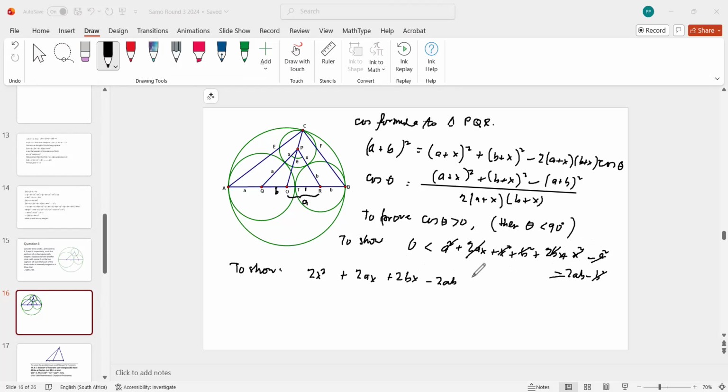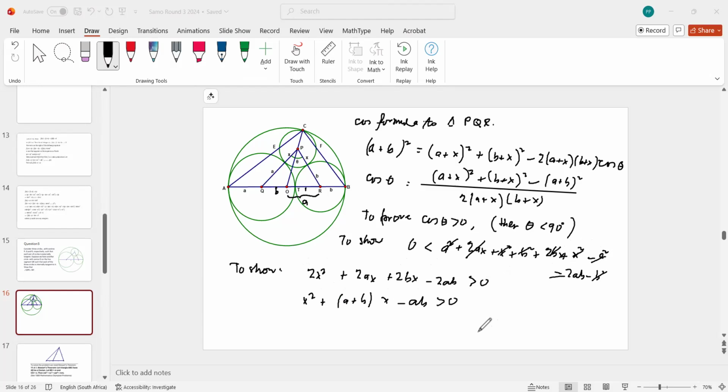I'm going to show that that is positive. I must show this, right? Which is the same as if you divide by 2. That is, I want to show that x squared plus a plus b times x minus ab is greater than 0.